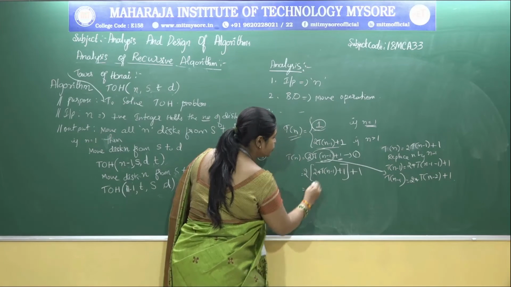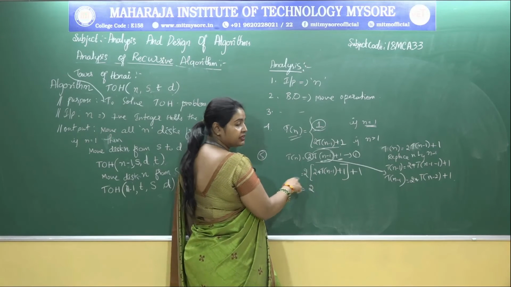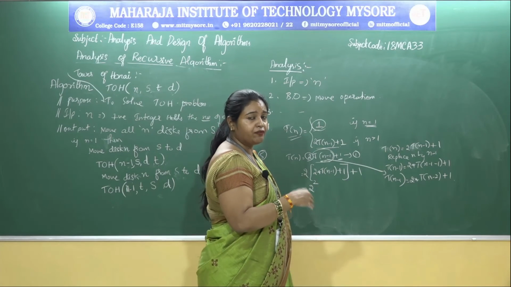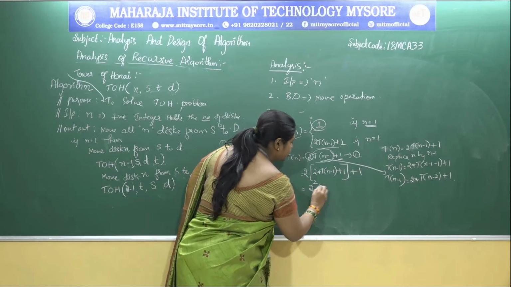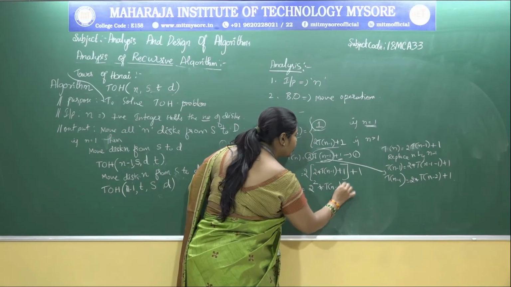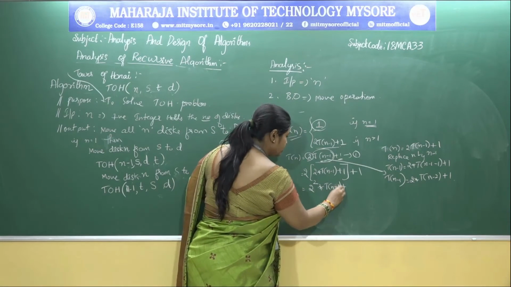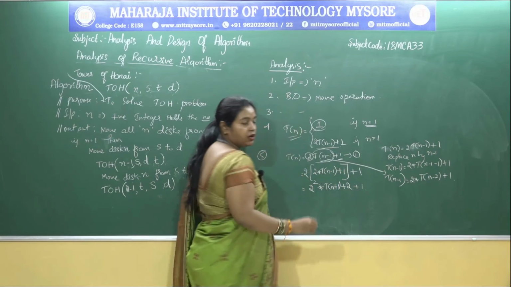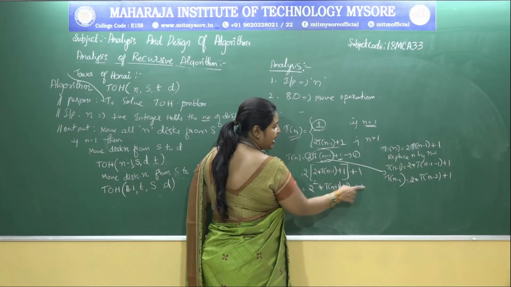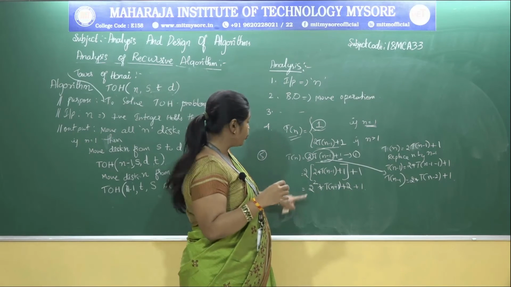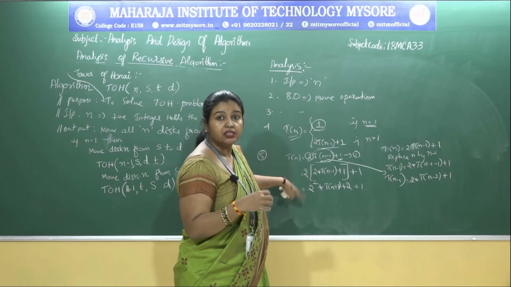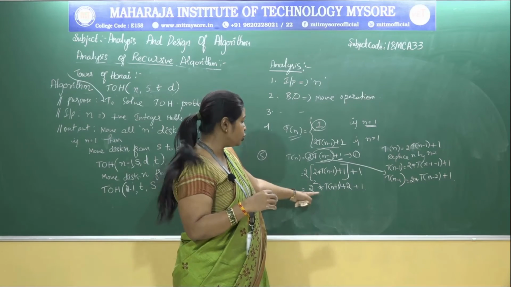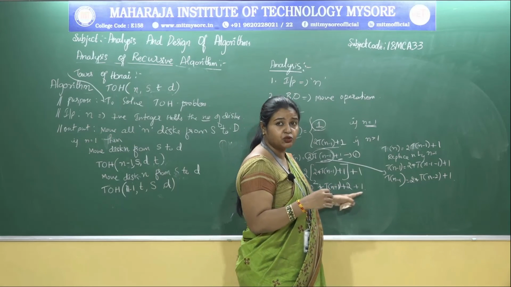So now 2 into 2, instead of multiplying, let me keep it as a power for ease of solving the equation, into T(n-2) plus 2 into 1 is 2, plus 1. Okay. So don't add these numbers. Why? Because it is going to yield you the series of these numbers. So for that reason, don't add these two terms.